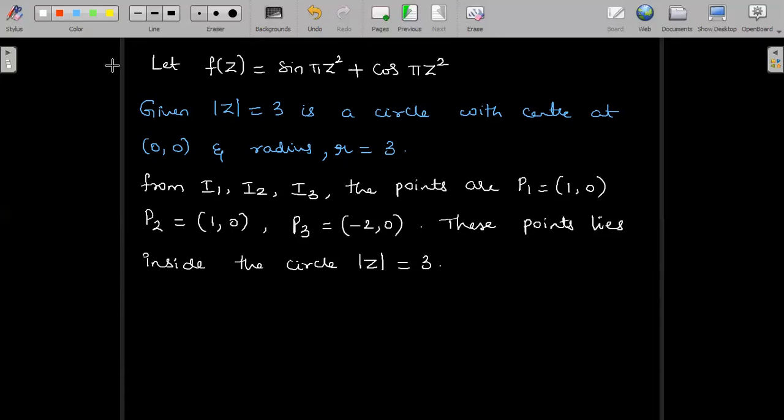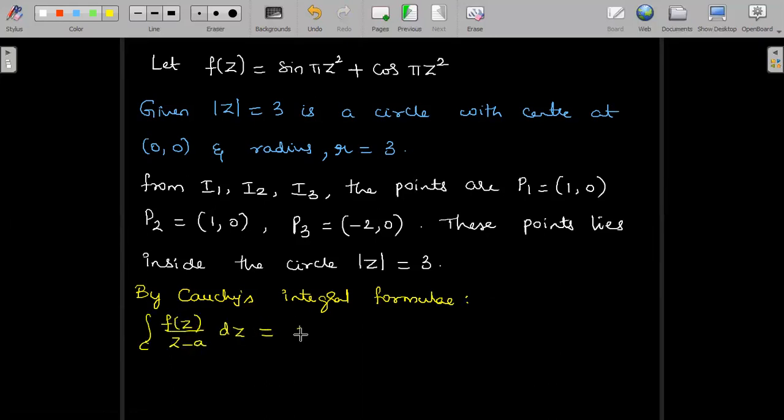So we can just mention the formulae first. By Cauchy's integral formulae, let me write down both the formulae, the direct one and the generalized one. The integral over C of f of z divided by z minus a dz is equal to 2 pi i into f of a. Let me call this equation 2.